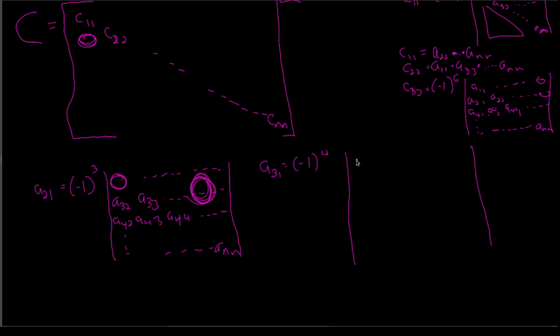So my first element here is A12, which is 0. And then I'm going to have A22, which is followed by zeros.